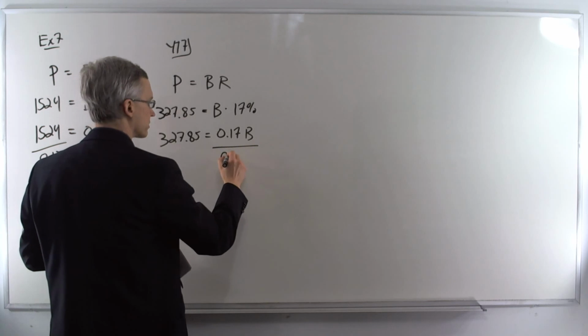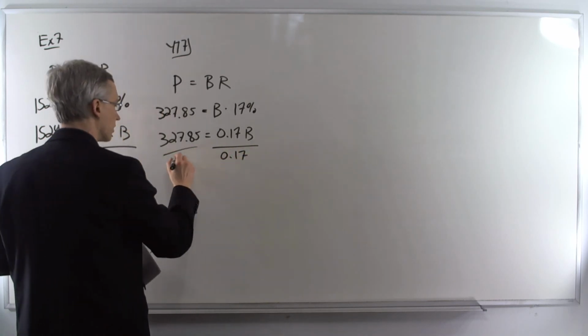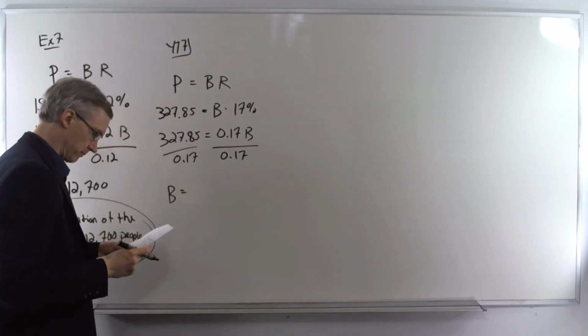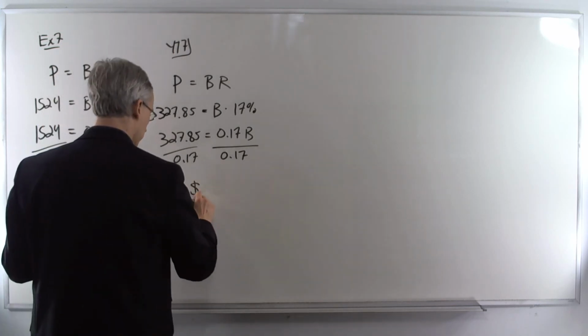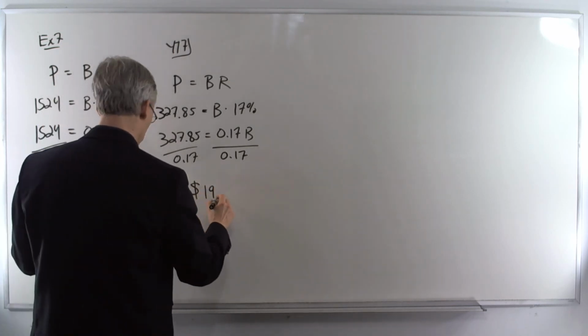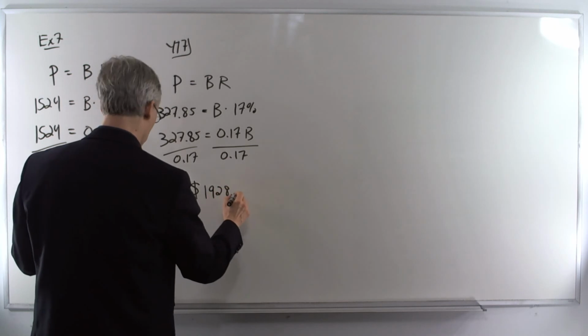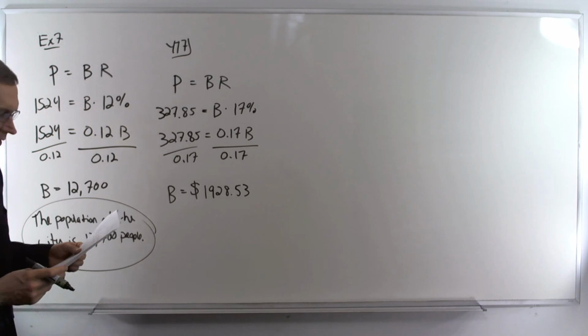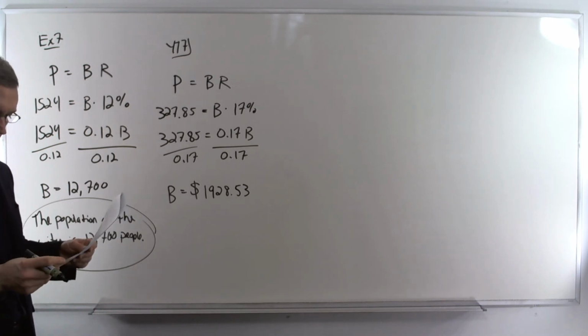Divide both sides by 0.17, and b equals $1,920.53.